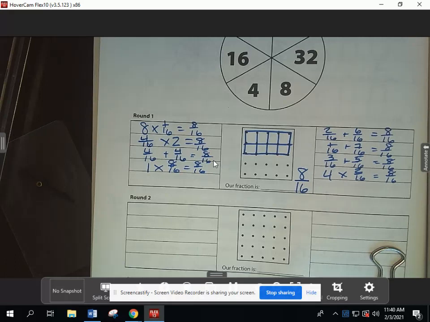Anybody kind of got an idea? There's some more. Are we done? No. Let's see. There's a few more that you could do yet. Do I give them a hint?